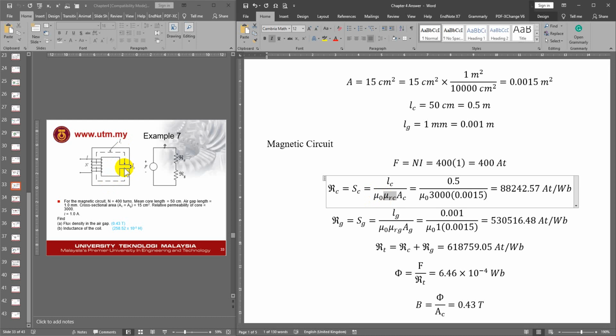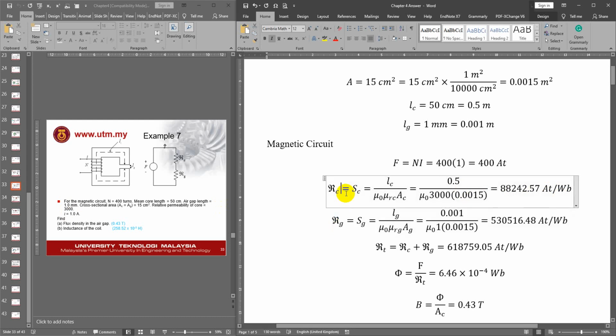The air is 1 and the core is 3000, the relative permeability of the core, mu RC. Just insert the values and you get the reluctance. The unit is AT over Weber, ampere turns per Weber.